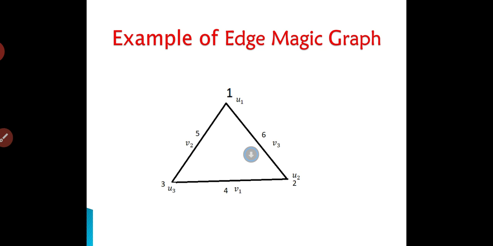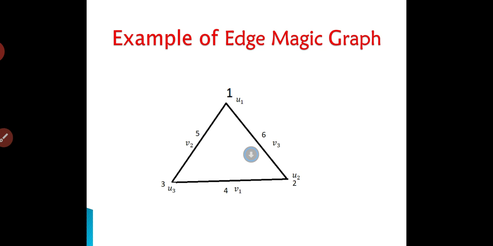Here is an example of an H magic graph. All of you see, this graph contains 3 vertices and 3 edges. The vertices are u1, u2, u3. Edges are v1, v2, v3.